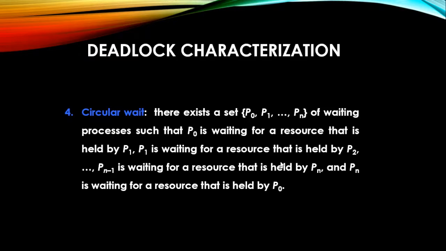P2 is waiting for some resource which is held by process P3. In this situation, if P3 is eventually waiting for any resource held by P0, none of the processes will be able to complete execution, isn't it? This condition is called circular wait.